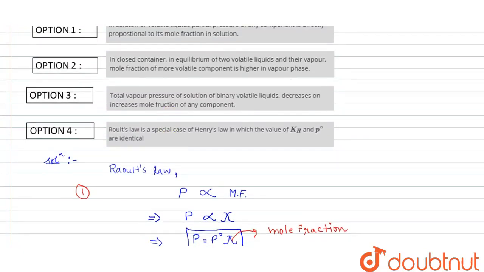Moving on to the next option, that is option C, it goes as: total vapor pressure of solution of binary volatile liquid decreases on increasing mole fraction of any component. Binary means there are two volatile liquids present in a solution. So how can we explain this statement?